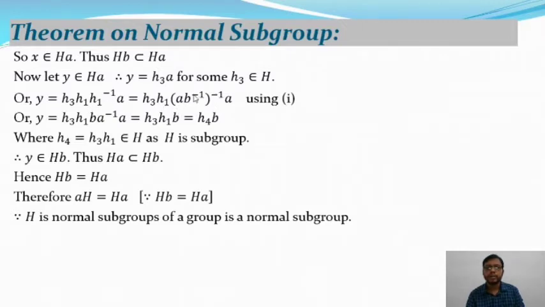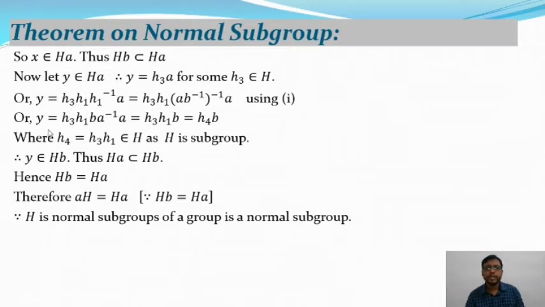Okay, and now putting this value H1 is equal to AB inverse in the second part of H1, from the above equation we have H3 into H1 into AB inverse whole inverse into A using equation 1. So therefore Y is equal to H3 into H1 into, and you know that AB inverse of inverse is equal to B inverse of inverse into A inverse, but B inverse of inverse is equal to B, into A inverse into A, where you know that A inverse into A is equal to identity.